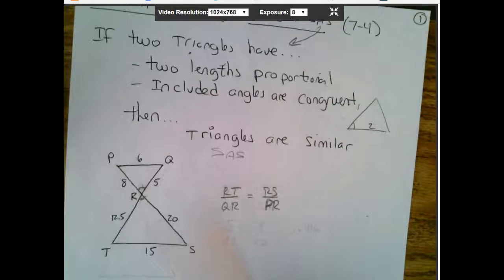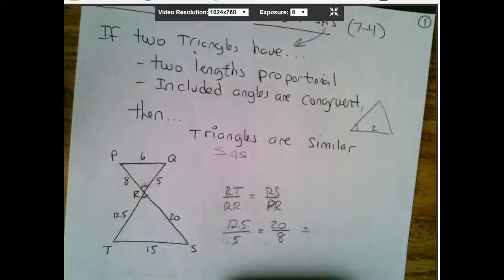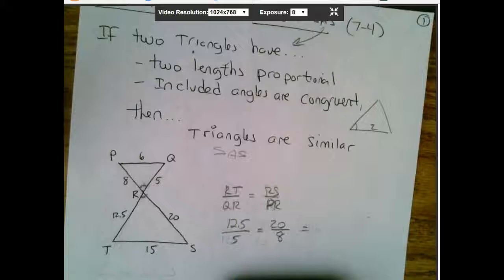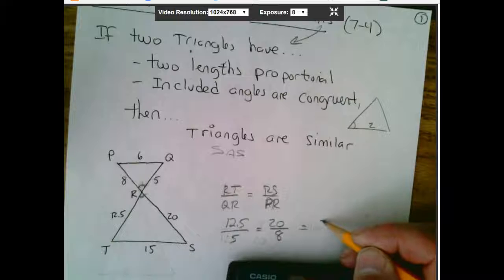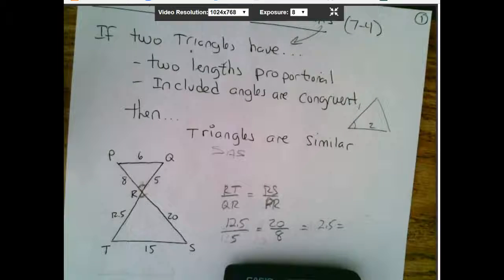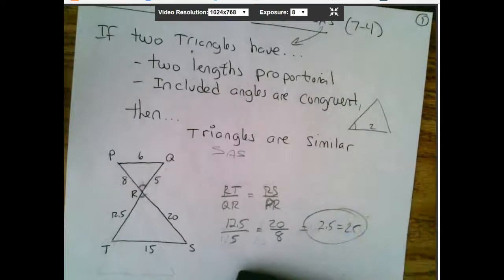RT is 12.5, QR is 5, RS is 20, and PR is 8. Then we just need to get our calculator out and see if they're the same. 12.5 divided by 5 is 2.5. And the other one, 20 divided by 8, equals 2.5. It's correct. They are similar triangles.